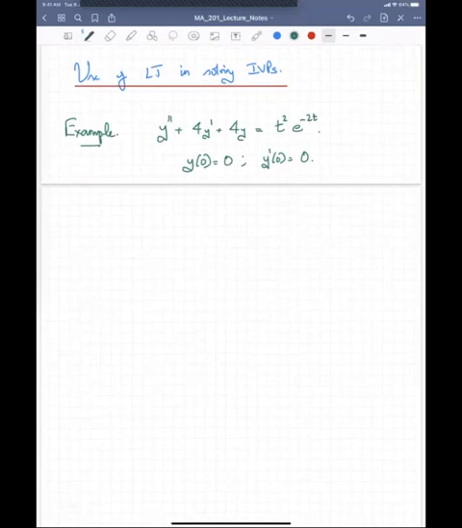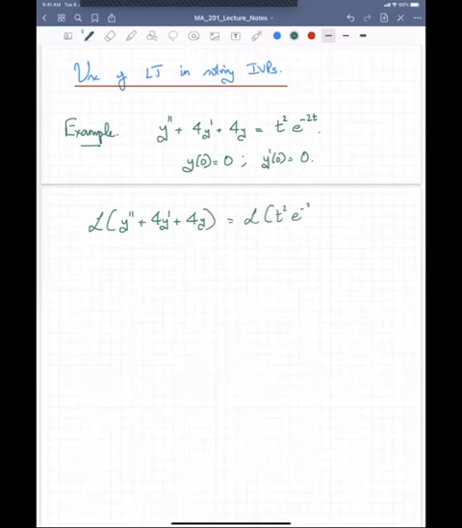So to do that, I will simply take the Laplace transform of both sides of this equation. So I'll take the Laplace transform of the left-hand side equals the Laplace transform of the right-hand side. Okay.